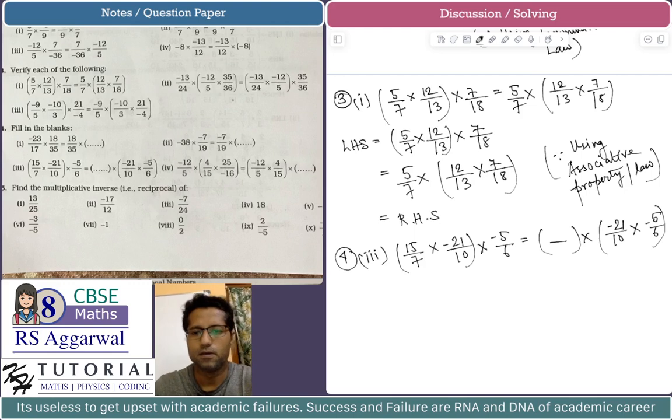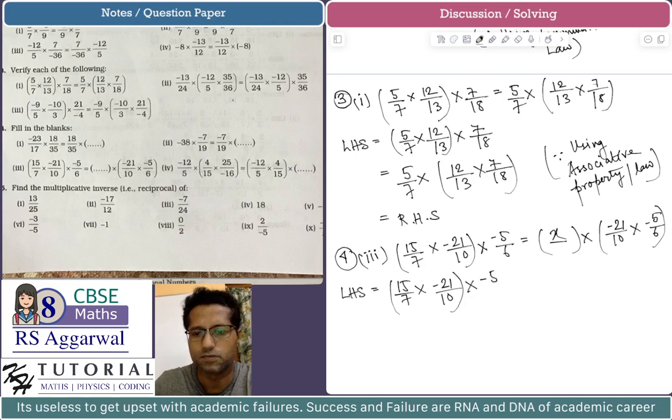Now let's say in the fill in the blanks, whatever the rational number will be, let's say we assume it to be x. Now the left hand side is 15 by 7 multiplied by minus 21 by 10, and it is multiplied by minus 5 by 6.